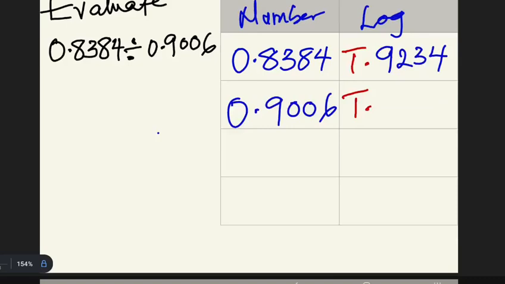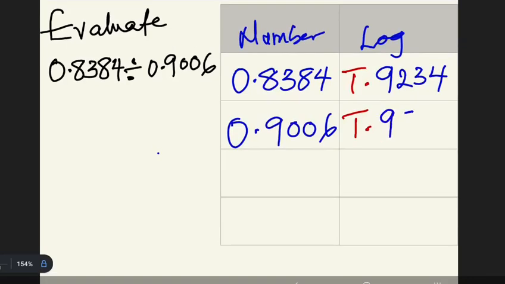Because it is a division, you subtract the logarithms; if it is multiplication, as I said earlier, you add them together. In subtracting, you borrow 1 from 3 to give you 14.